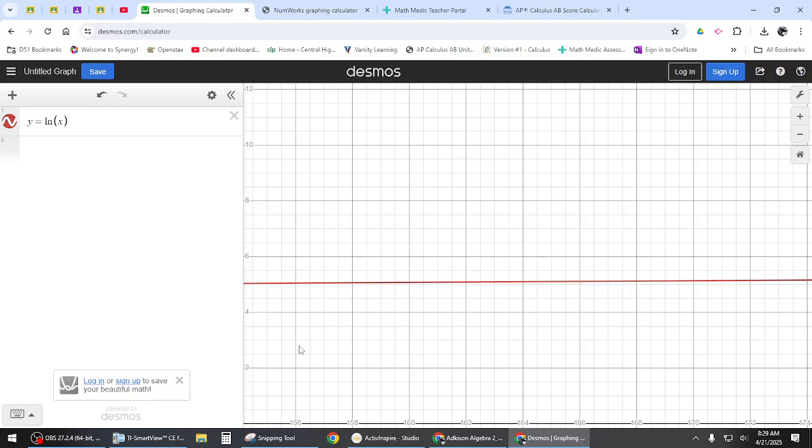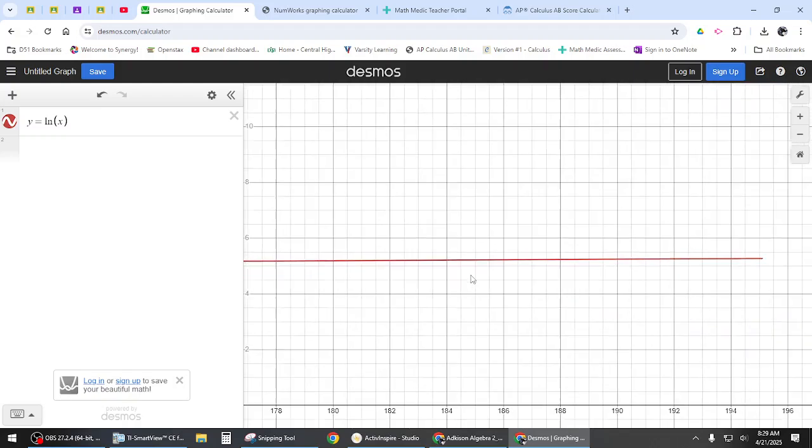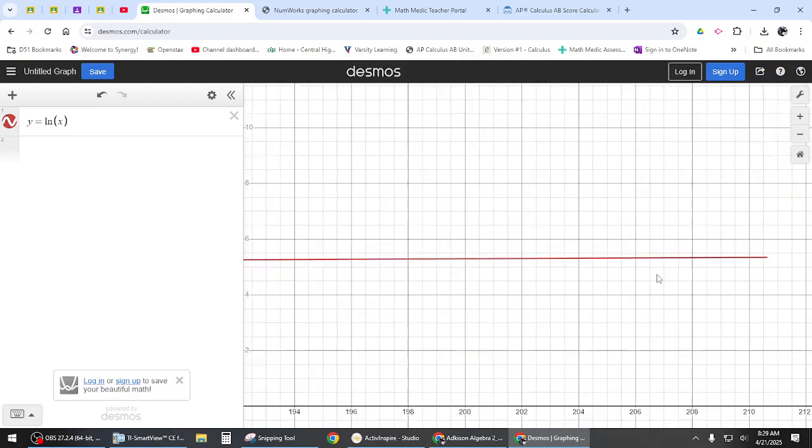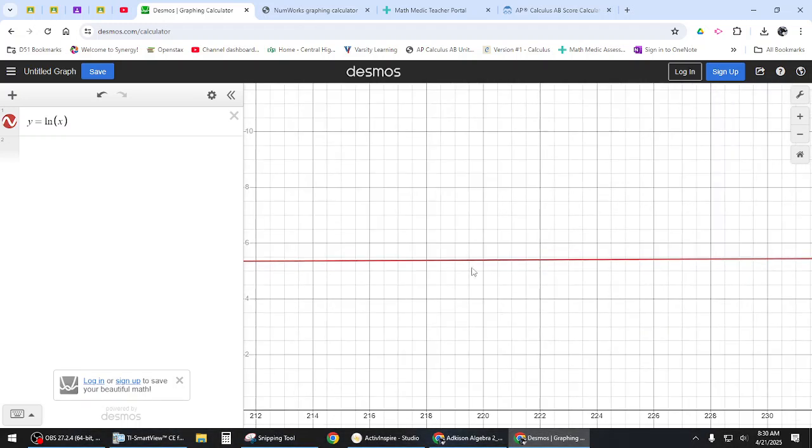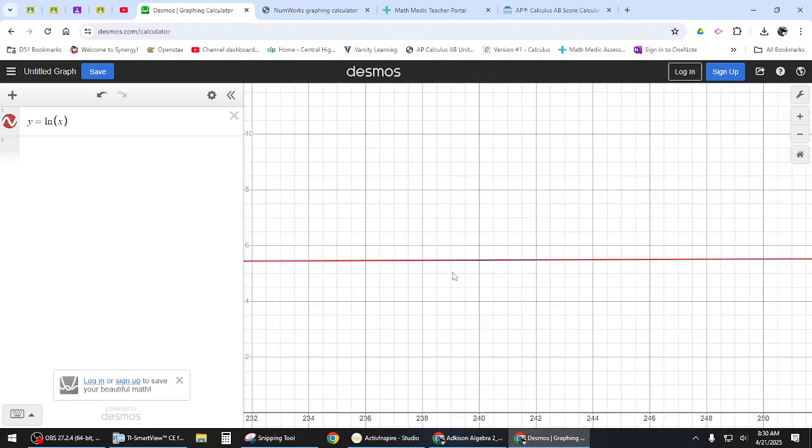Now we're above that line, but it's still going up. Now it's getting closer to that line. It's going up.